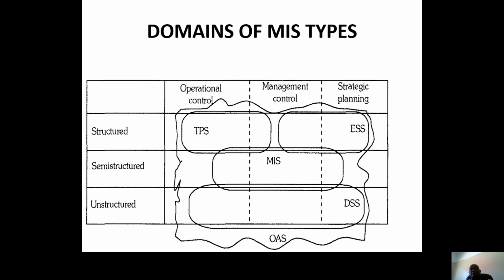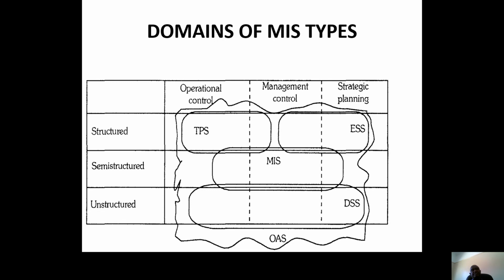And it also gets a little bit of information from the executive support system, which is for executive guys, and the decision support system. So it really stands in the middle. But most of this information comes from TPS transactions, and most of the information comes from the outside, according to the diagram which we have already discussed earlier.